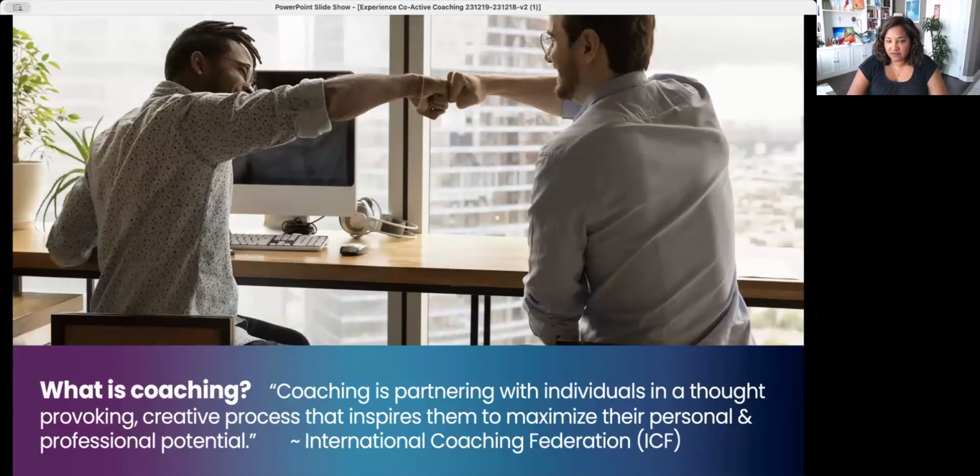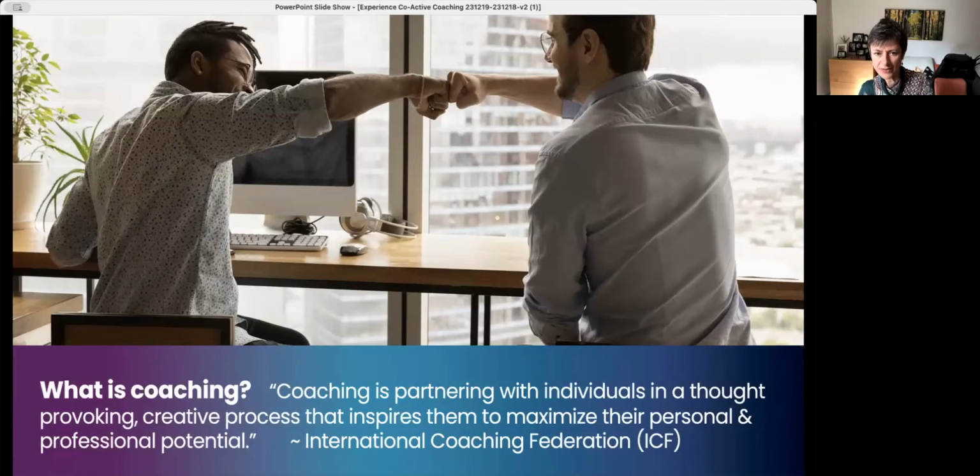I'll read the definition out loud. According to the ICF, coaching is partnering with individuals in a thought-provoking, creative process that inspires them to maximize their personal and professional potential.